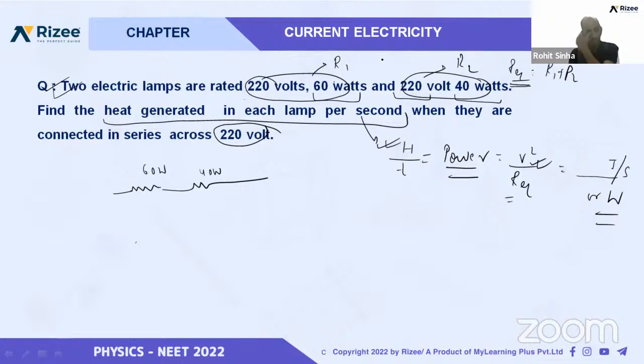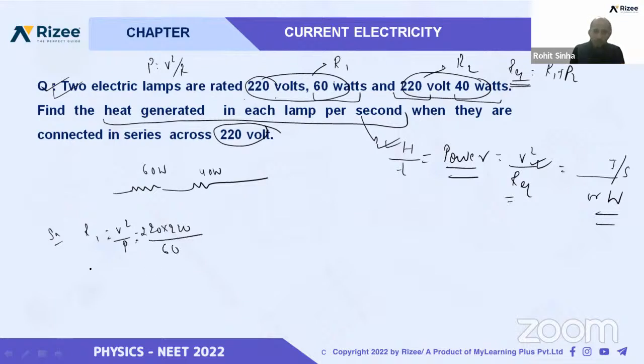Okay, I solve it. Find R1. What will be R1? See from here, we know P is equal to V square by R. Then R1 will be V square by P. V square means 220 into 220, by P, which is 60 watt.